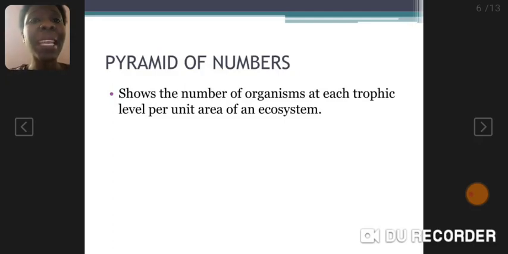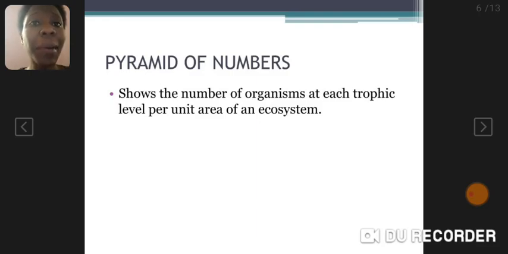So we are looking at this study per unit area, a mapped out area. From there, we can use it to generalize about the population or the habitat at large.